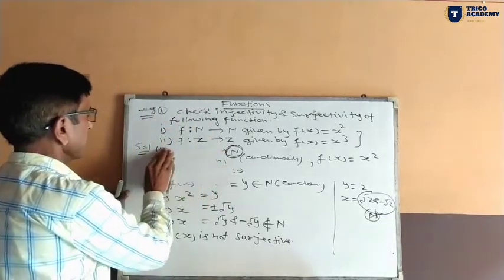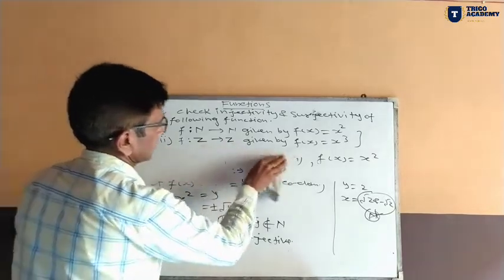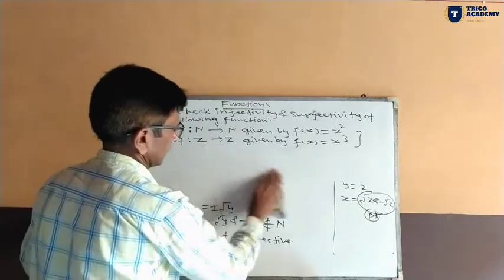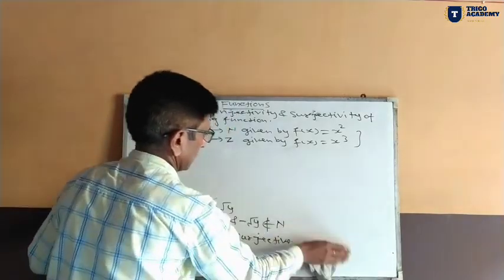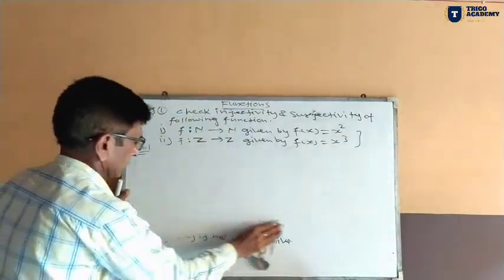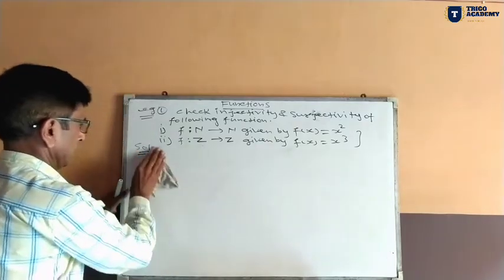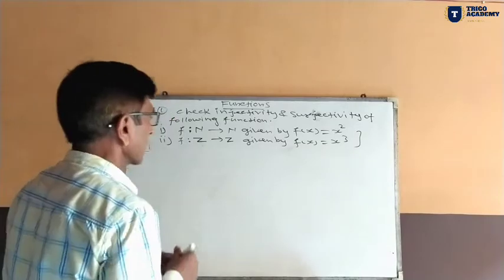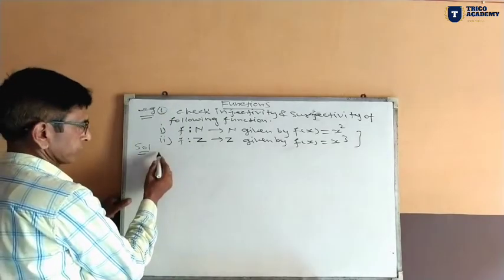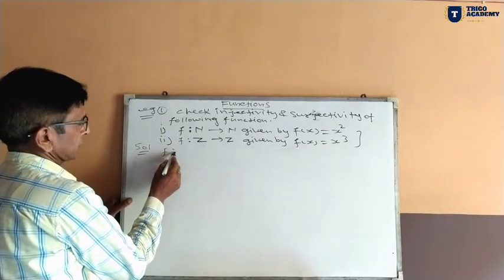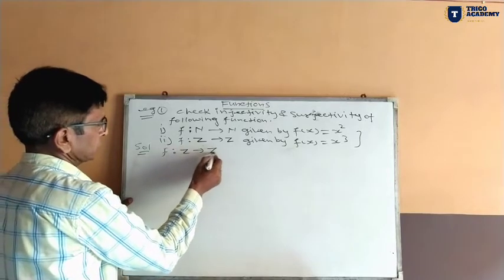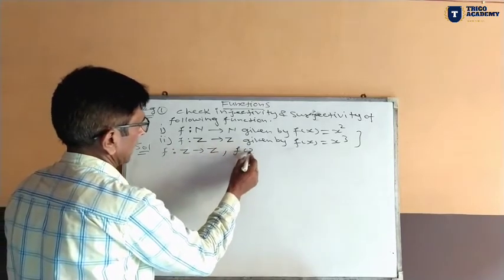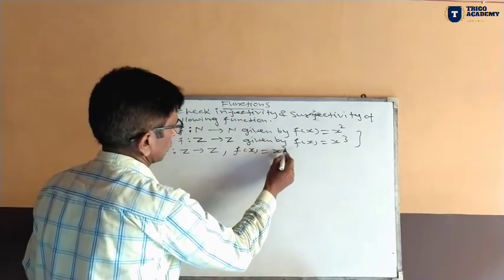Now the second example. Here function f is defined from Z to Z and defined by f(x) equal x cube.